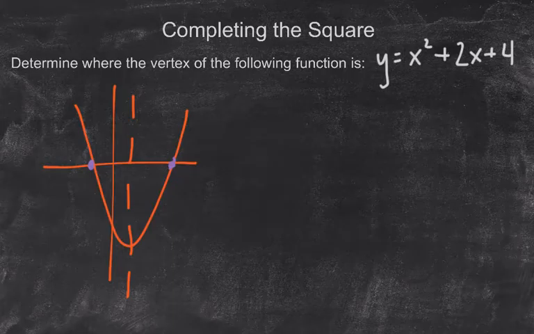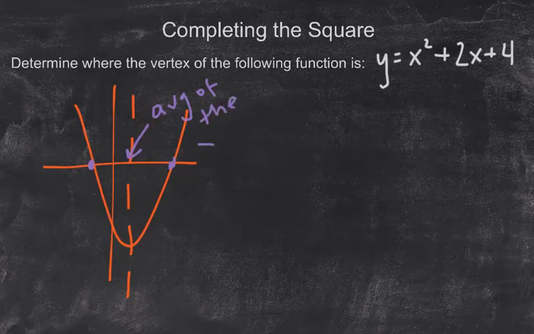So what we usually do is try to find those x-intercepts and then average them to get the x value of the vertex. So this would be the average of the x-intercepts.